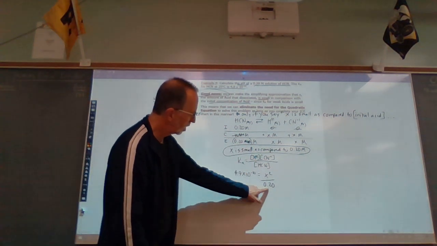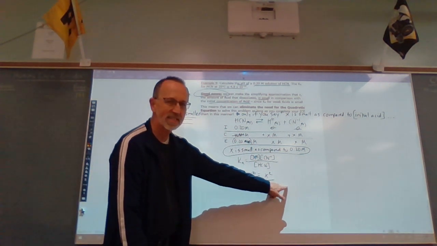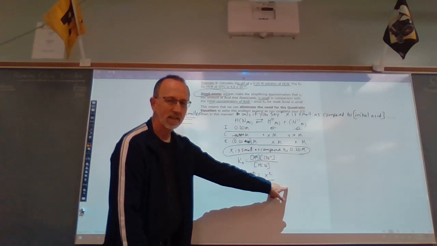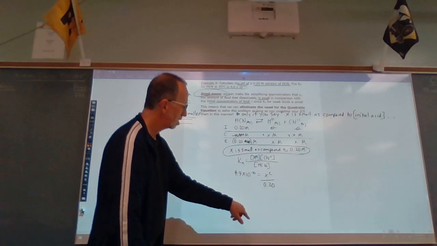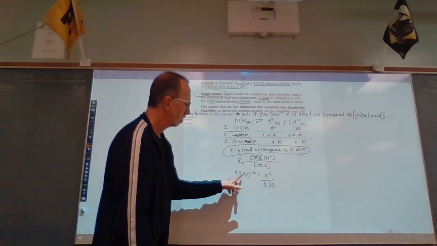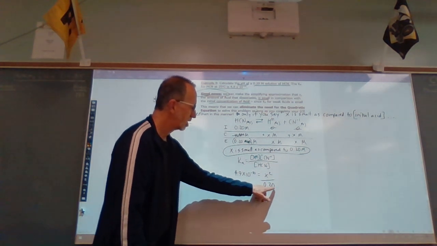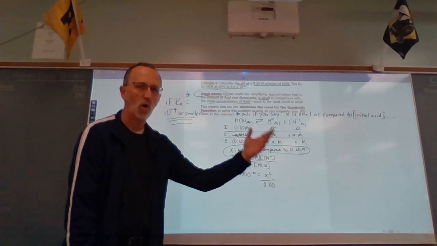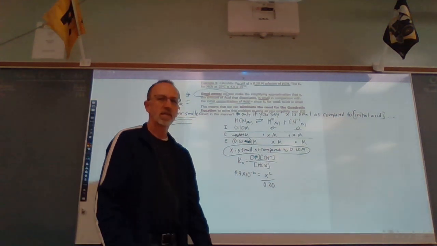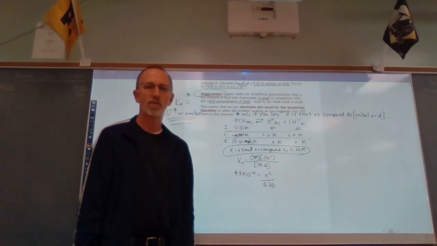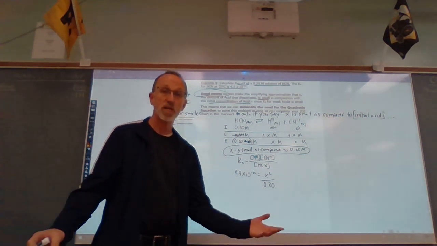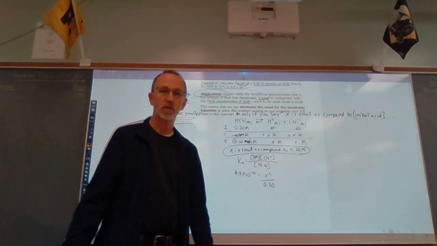If that had been 0.20 minus X, then think back to what we'd have had to do. We'd have cross multiplied here, multiplied this out, 0.20 minus X. We'd have had to FOIL it and then set it up in ax squared plus bx plus c mode and use the quadratic to solve for X and then determine which X was reasonable and which one we could throw out.